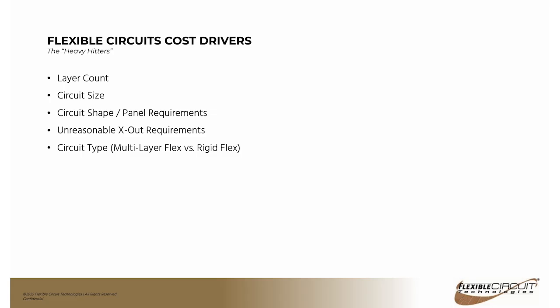And this is the layer count, and also the type of circuit, if you're going with a multi-layer versus a rigid flex. Currently, most of the catheter applications we see are single, double-sided, or multi-layer flex, so they're pure flex. I'm guessing at some point we'll be seeing rigid flex applications where on one end or the other they're going to want to have rigid that's connected, and maybe some components on it.